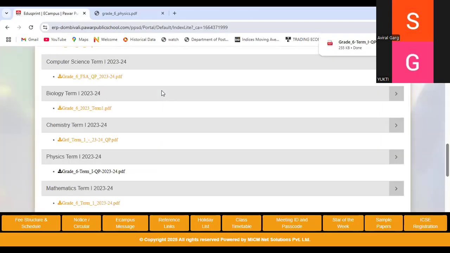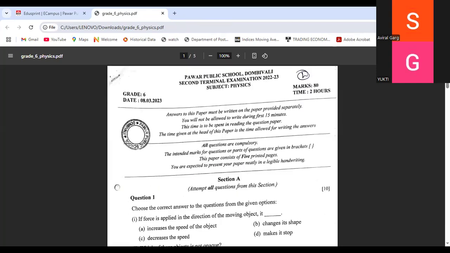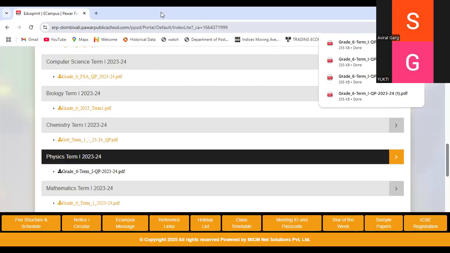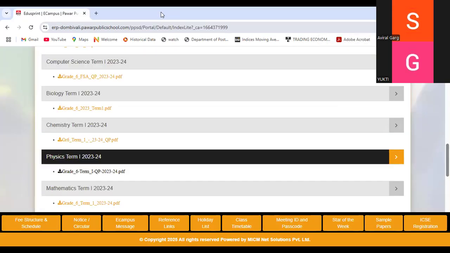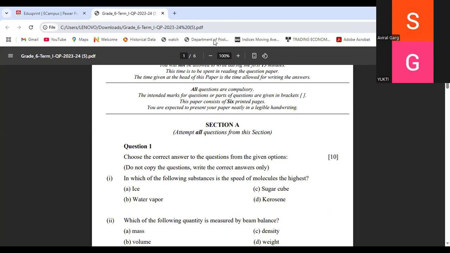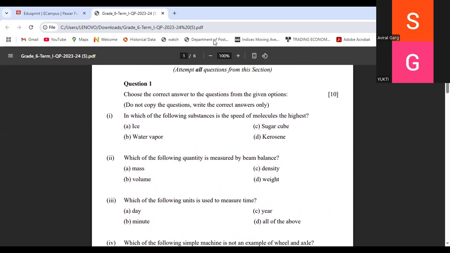So in this paper, yes, last year also they had this chapter. Why is the wrong paper getting opened? Term 1. Yes, this is the first term paper. You need to be very thorough with the numericals and formulas of this chapter, okay?